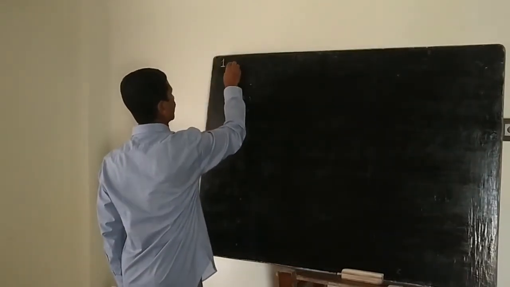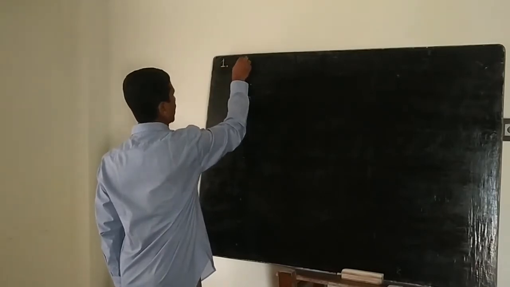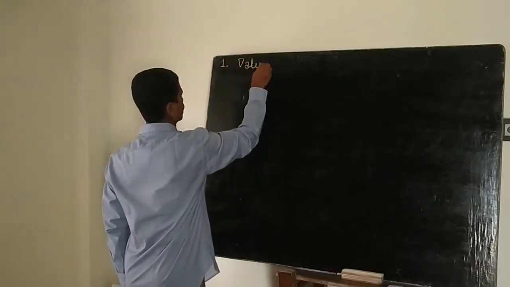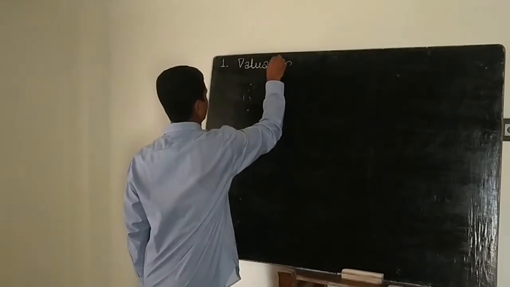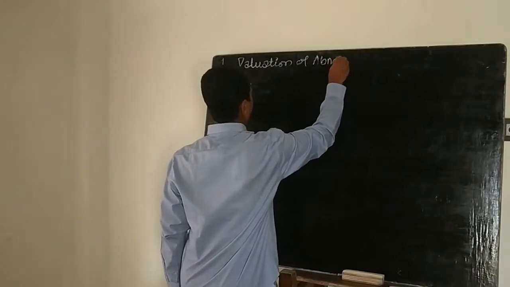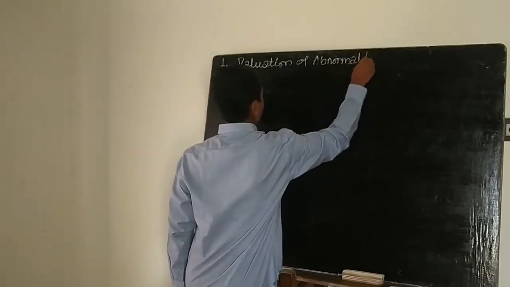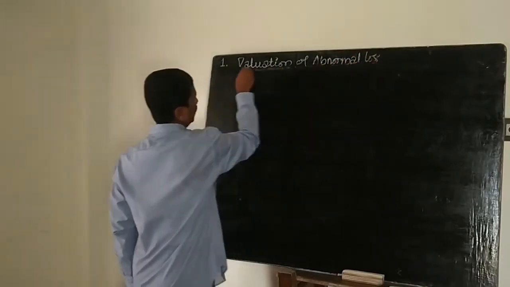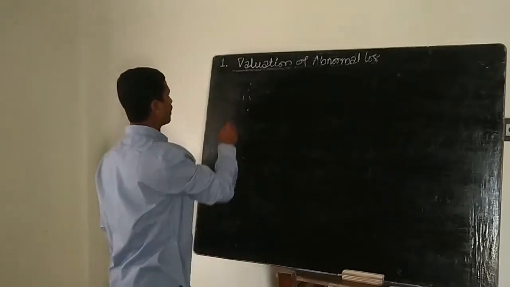Working note number 1 here is valuation of abnormal loss. Dear students, we know the formula here.